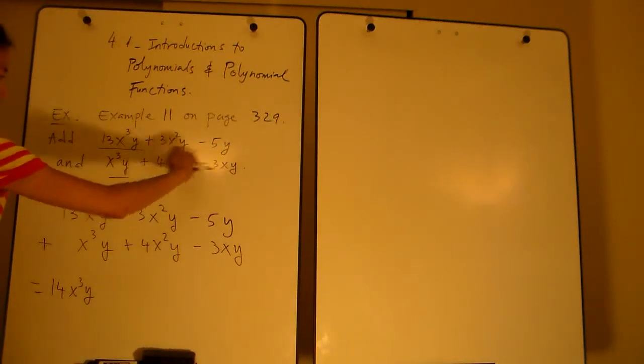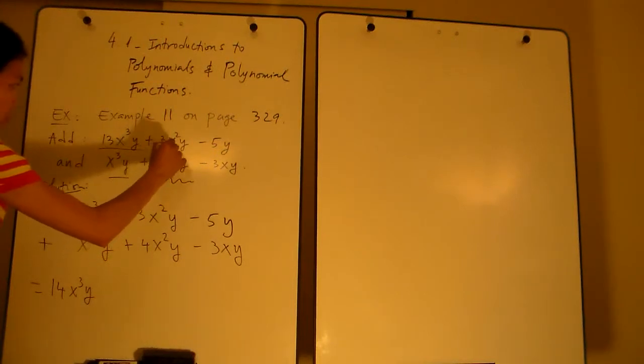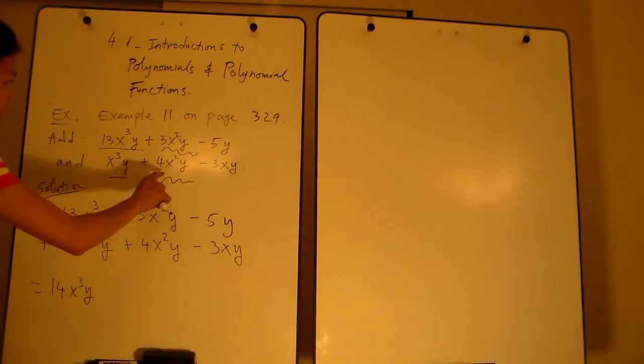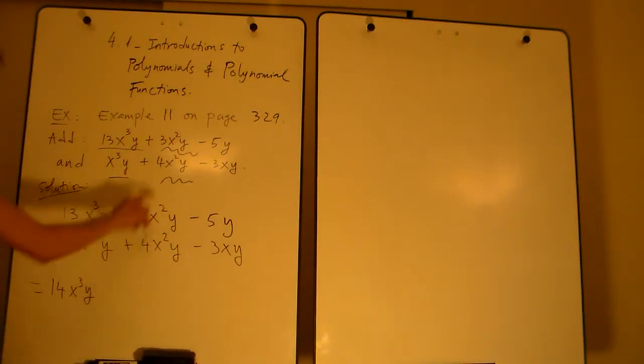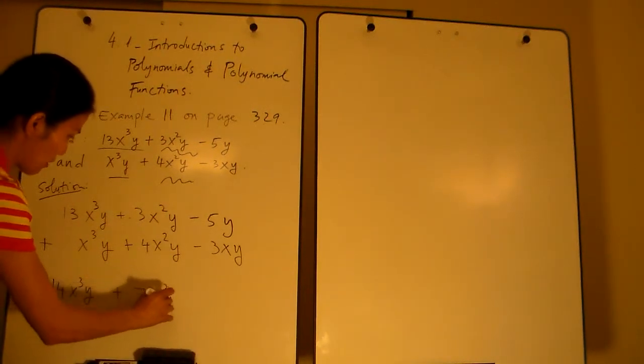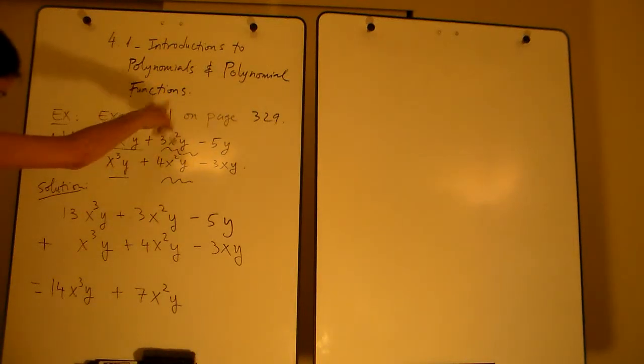So any term here that has x squared y, where? This one, right? So I will use this and I will use this because they have the same variables with the same exponents. So 3 plus 4 right here is what? 7. So plus 7x squared y. Okay, so we take care of these 2 terms and these 2 terms.